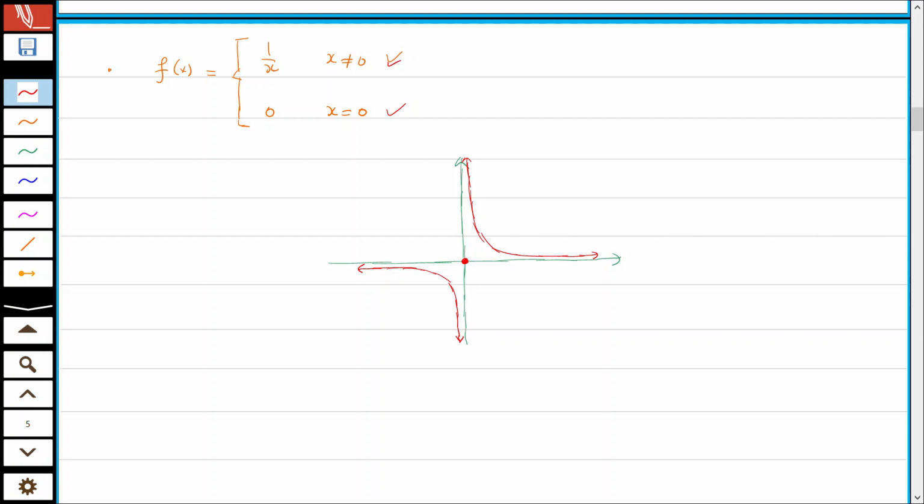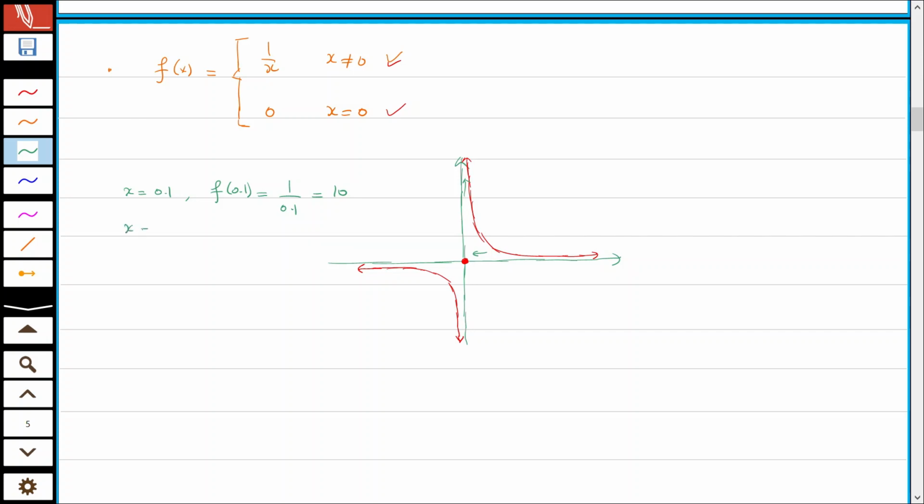If I approach x equals 0 from this side, my function is shooting up towards infinity. For example, if you take x equals 0.1, f of 0.1 would be equal to 1 over 0.1, that's equal to 10.